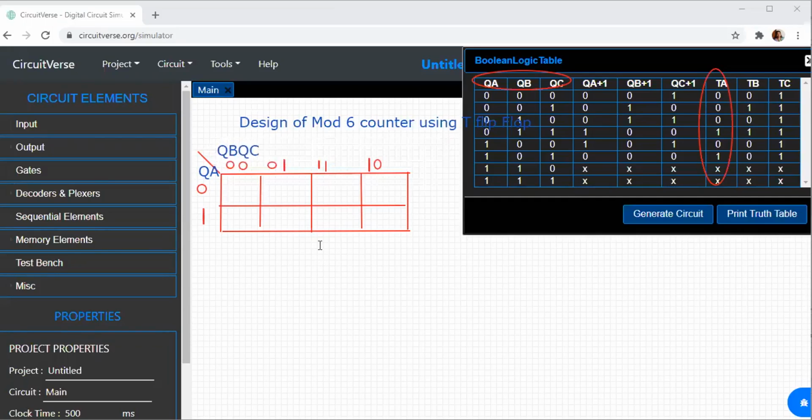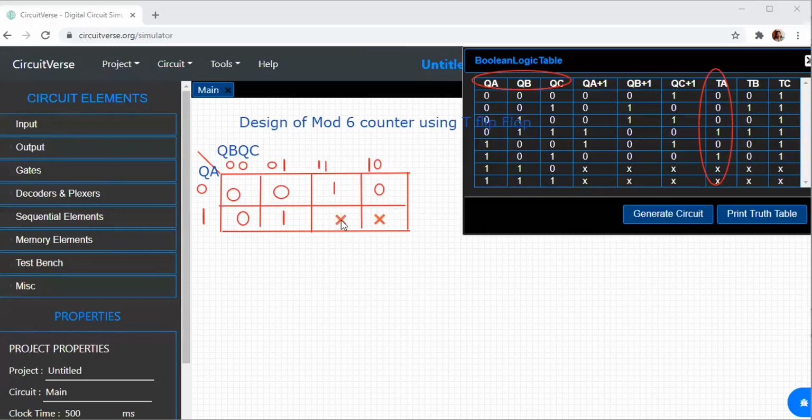So write down the values. What is the first value? If you look at the K-map, it is 0, 0, 0, 0, 0, 0 over here. I have a 1 over here. Again, this is a 0, this is a 1, and the remaining two values are X and X. So this is the K-map we have got.